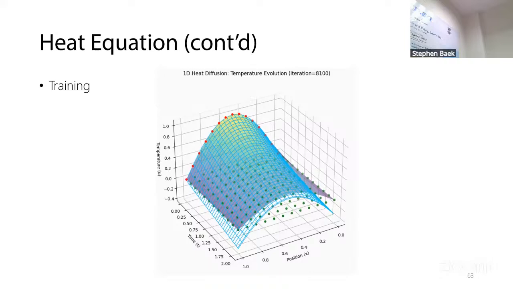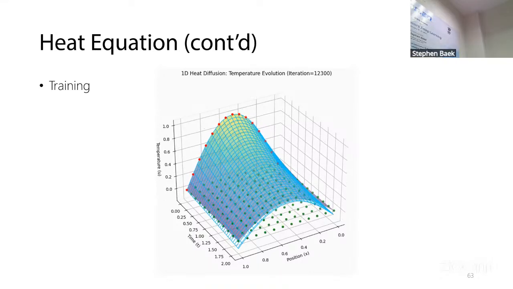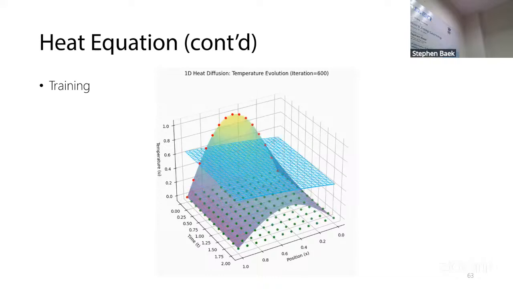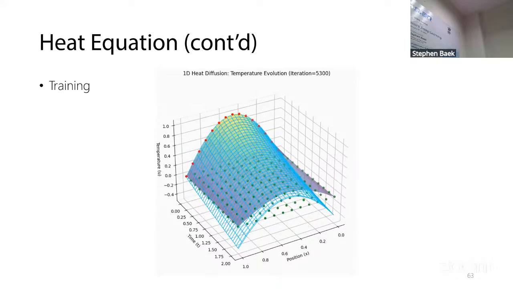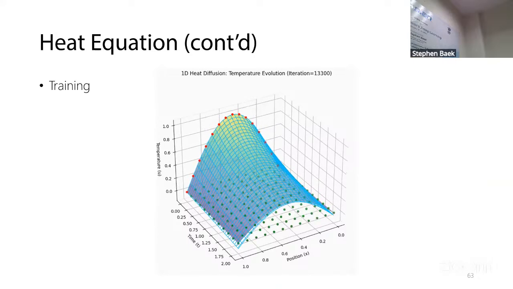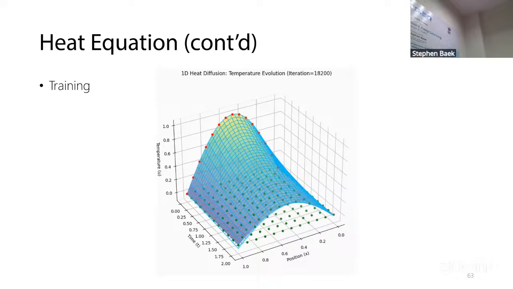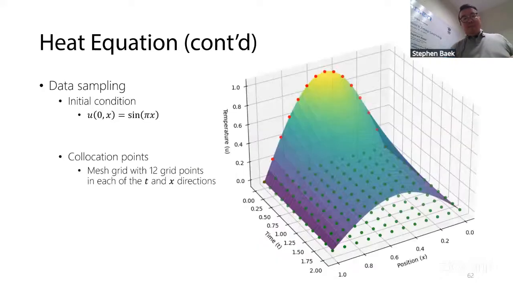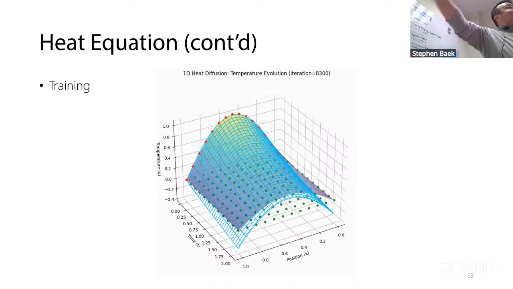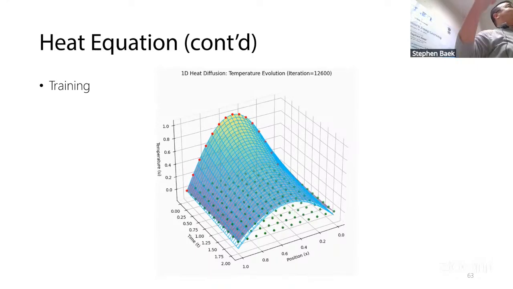And here's the animation showing the training process of the PINN for that particular setup. See, initially, it's a flat plane. The blue grid is the PINN, and initially the PINN is like a flat surface. That is the trivial solution.